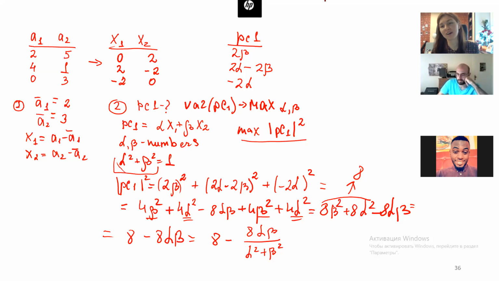So we need to find the first derivative of this function and it will be equal to 0. It will be the maximum or minimum of the function, because at the point of the extremum, the derivative of the function is equal to 0.